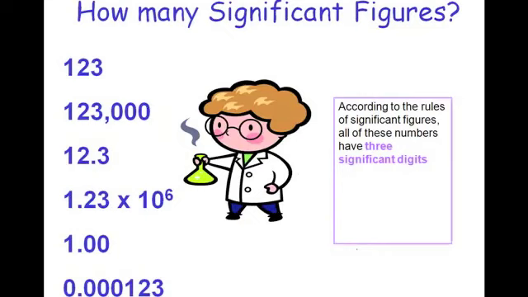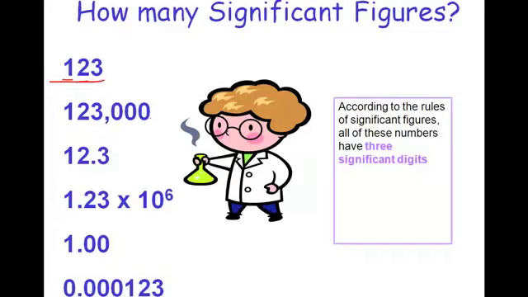So, how many significant figures does each number have? According to the significant figure rules, all these numbers have 3. Obviously, since they're non-zero digits, all 3 of those are significant.